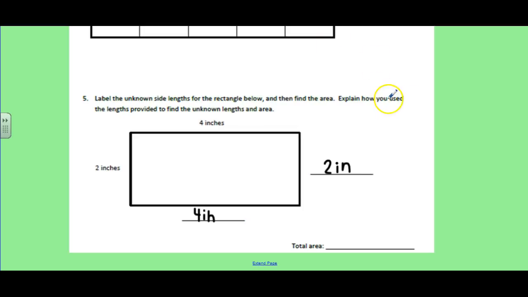So if it says explain how you use the lengths provided to find the unknown lengths, we found this number and this number because we knew that opposite sides of a rectangle are the same.